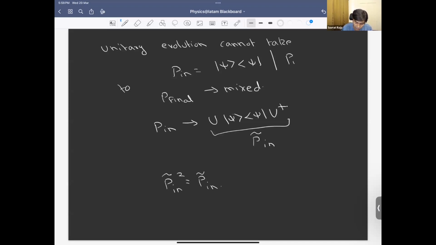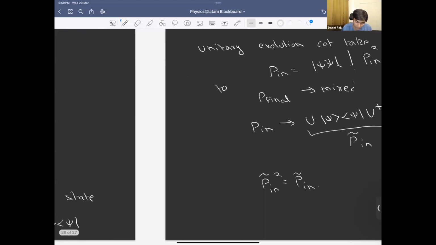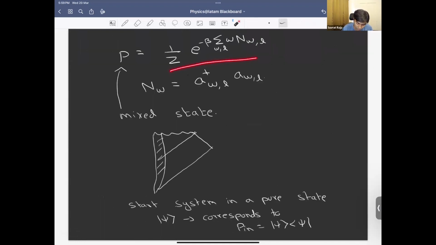And the initial state also satisfies rho n squared is equal to rho n. But it's easy to check that the density matrix that Hawking postulated, which is consistent with the correlators that Hawking computed, doesn't satisfy rho squared equals rho. It's a mixed state density matrix.